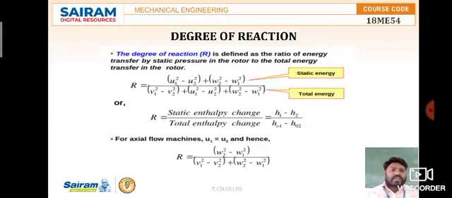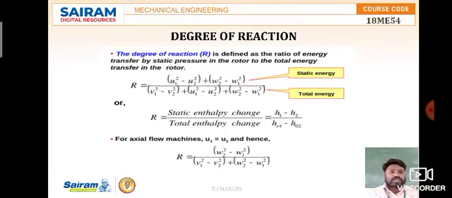We have only static energies in the numerator, and in the denominator there is a summation of both static and dynamic, that is total energy. So capital R is equal to static enthalpy change divided by total enthalpy change, that is H1 minus H2 divided by H01 minus H02. This H01 and H02 is total enthalpy.